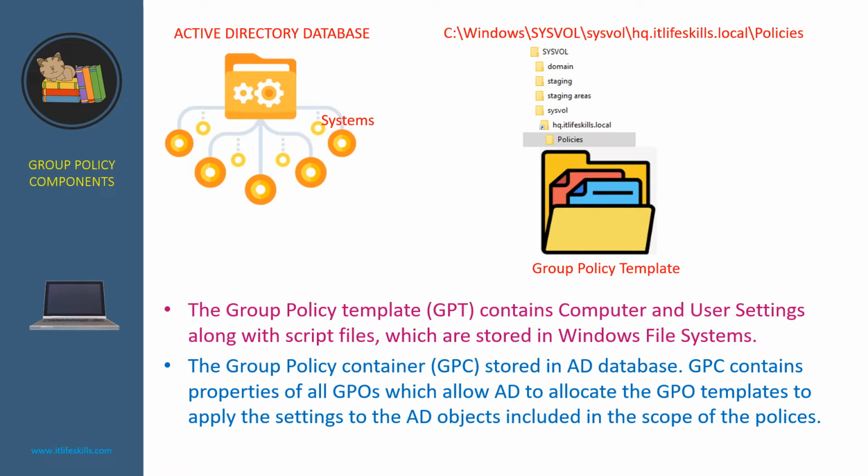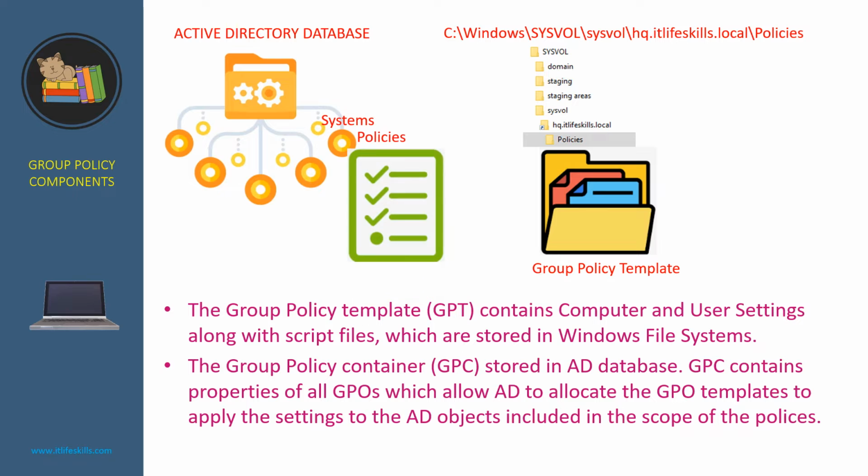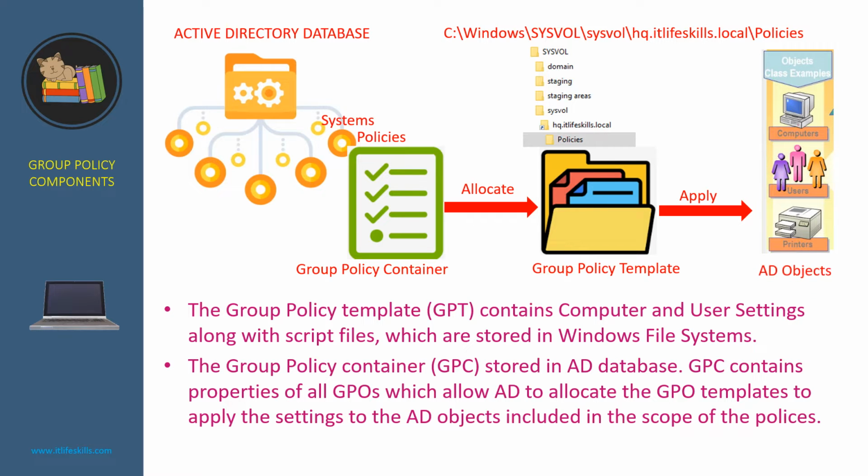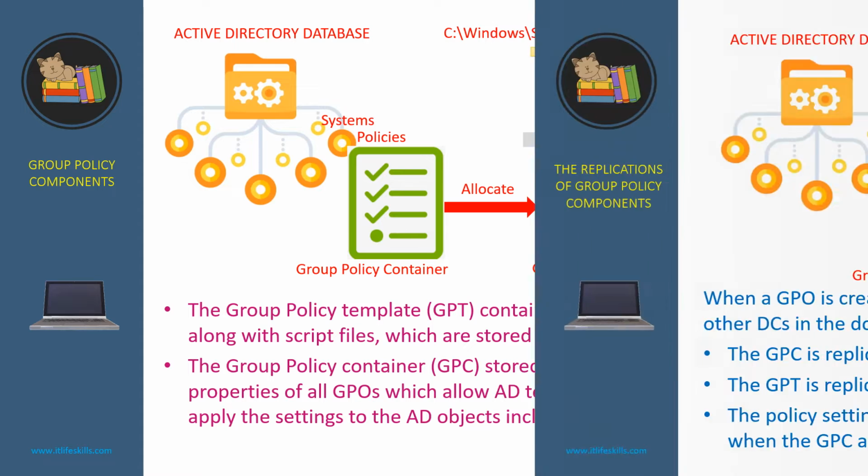The second component is the group policy container stored in the Active Directory database. The group policy container contains properties of all group policy objects, which allow Active Directory to allocate group policy templates to apply the settings to Active Directory objects included in the scope of the policies.